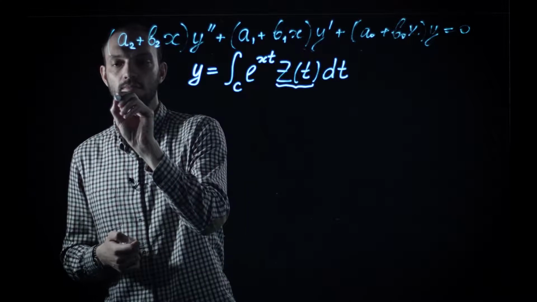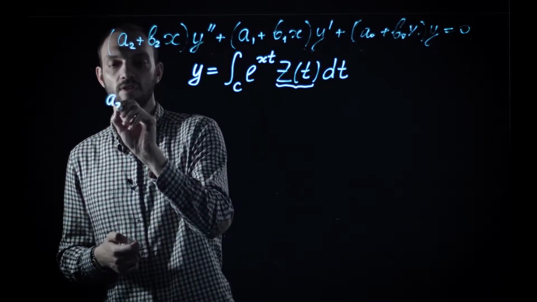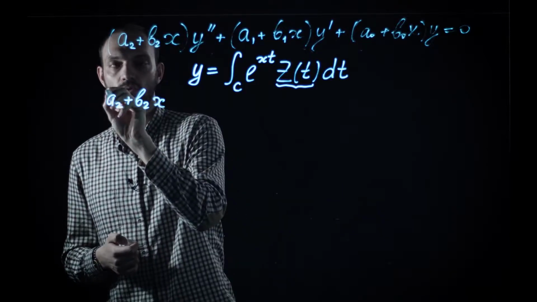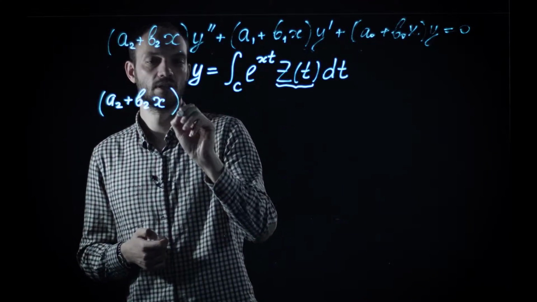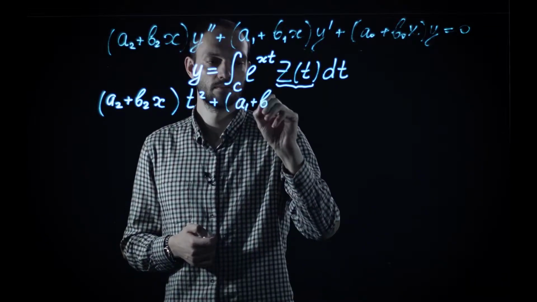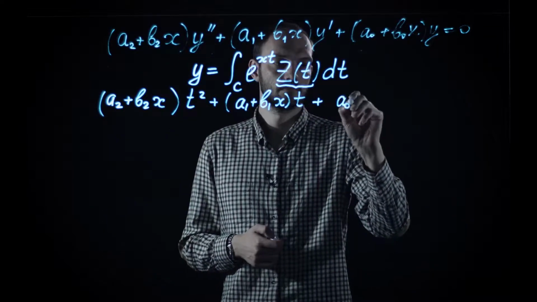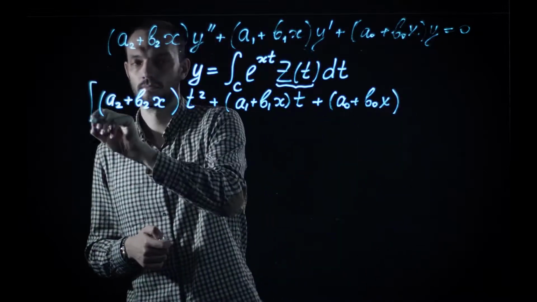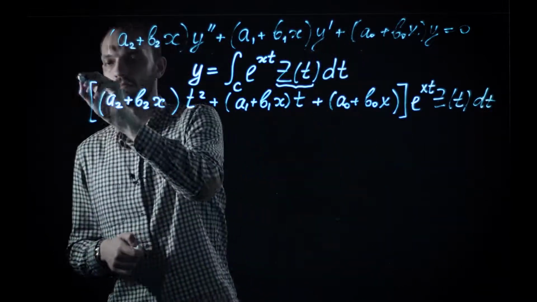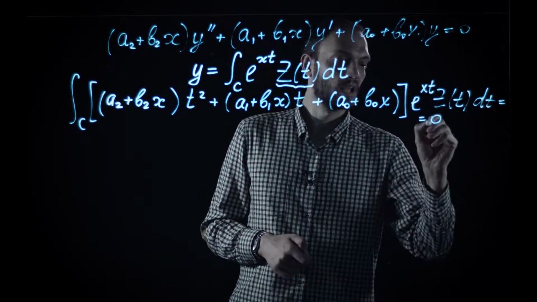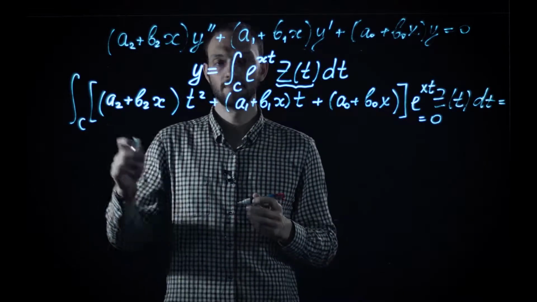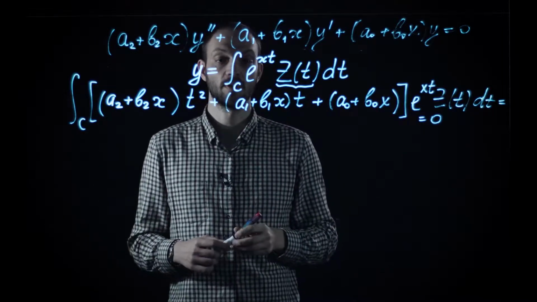So, substituting this into our original equation, we arrive at the requirement of this integral over the contour c, over dt, to vanish.